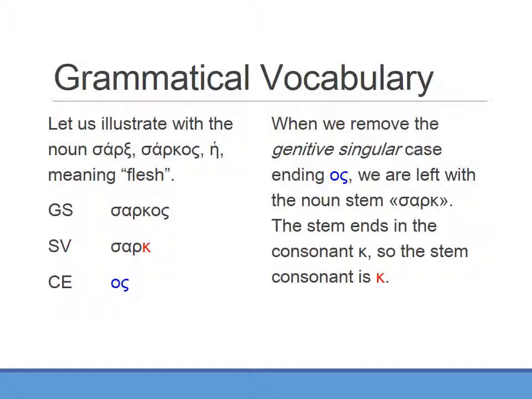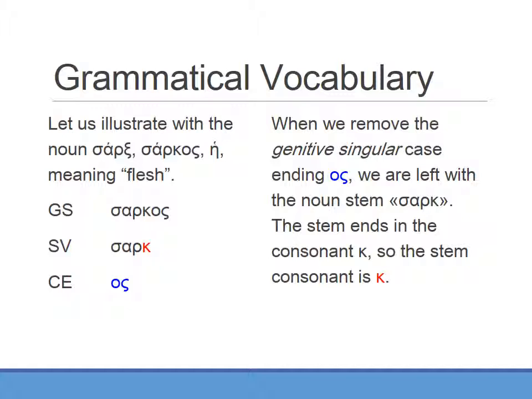Have a look at the genitive singular, sarkos. If we remove the case ending os, we are left with the noun stem. So the noun stem is sark, the genitive singular with the case ending removed. The stem consonant would be kappa, the kappa in sark.